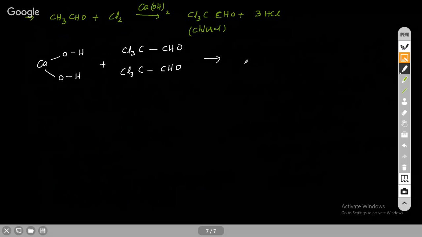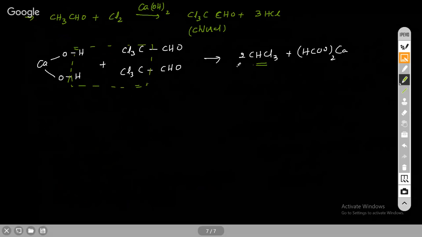The product we get here is 2 molecules of CHCl3 plus (HCOO)2Ca. Here what happens is this H combines with this CCl3 and knocks out as CHCl3. This is how we prepare chloroform.